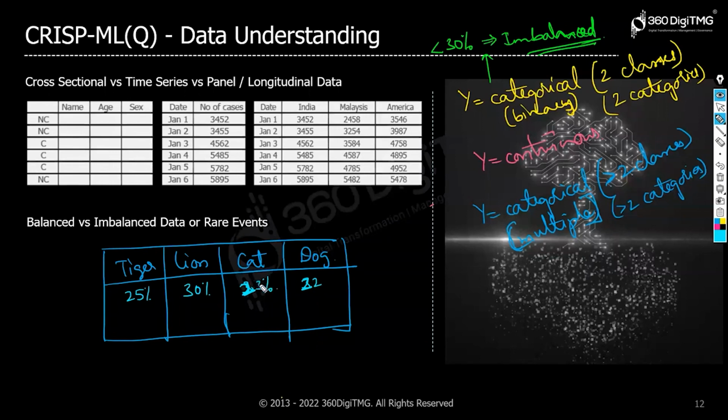Anyways, here we have 55, and then let me say another 25, and then another 20% here. If you have a data set like this, would you call this balanced or imbalanced?